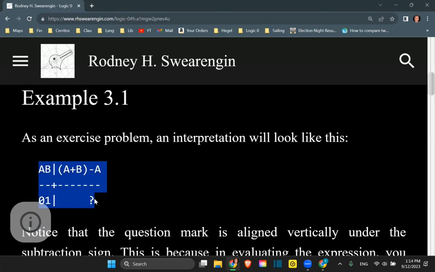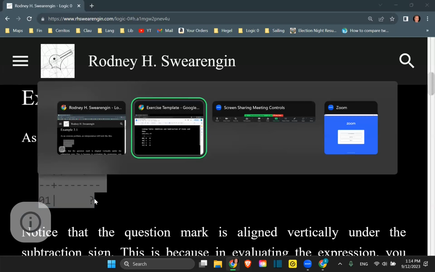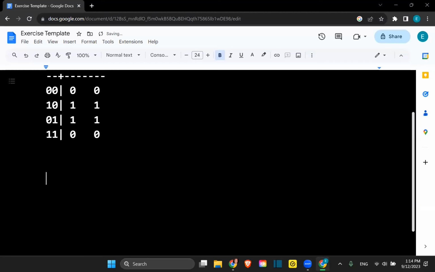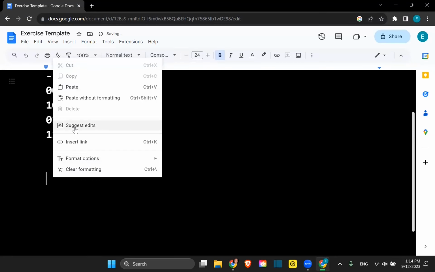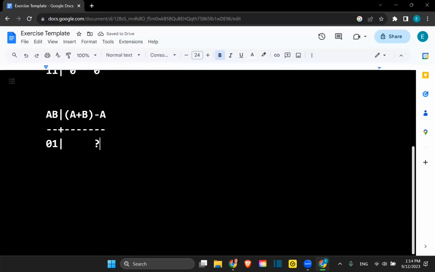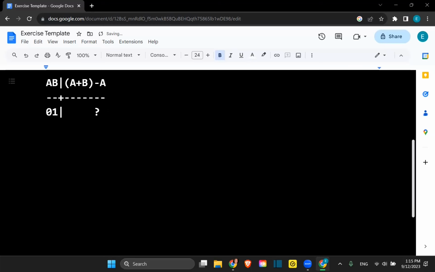Okay, so we're going to complete this interpretation. So like I said, the interpretation technically is the two left-hand columns.